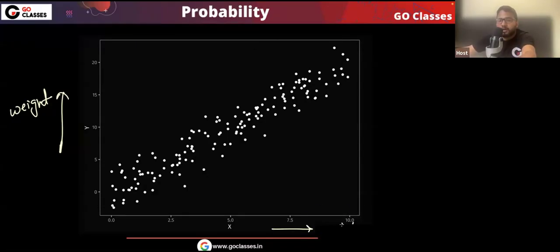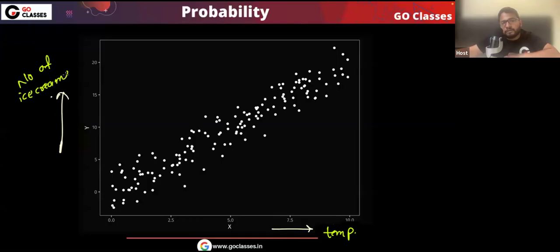Let's suppose temperature is on the x-axis, and if temperature is increasing, then the number of ice creams consumed by the citizens, or sold at a particular shop, is increasing. It makes sense: if temperature is increasing, maybe the ice cream sale is increasing.